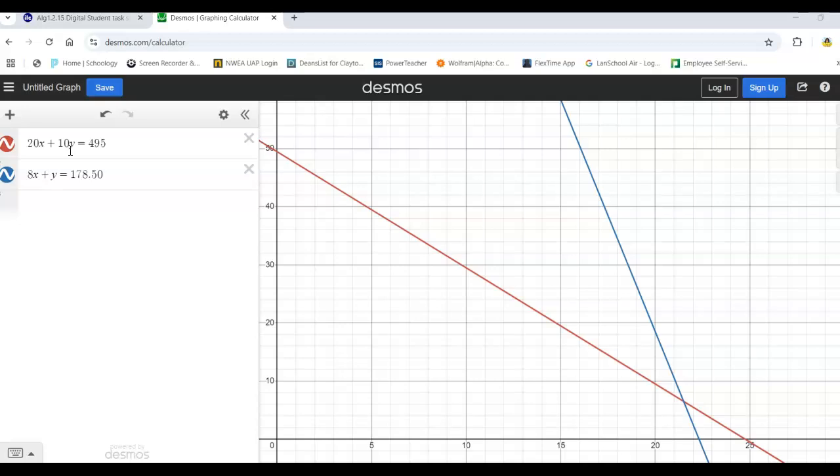So, what is the solution to the system? Here it is. Remember, you click on where the two lines cross. And the answer is 21.5 and 6.5.